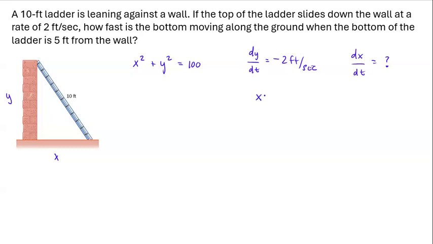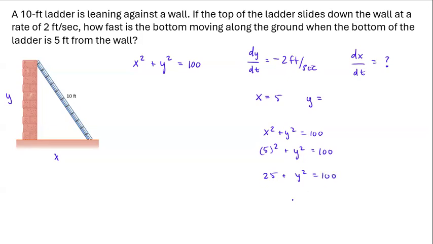So they're giving us an x value of 5. We'll need to calculate the y value at this time point. So let's do that first. We'll use that equation x squared plus y squared equals 100. And let's plug in the x value of 5. That'll give us 25 plus y squared equals 100.